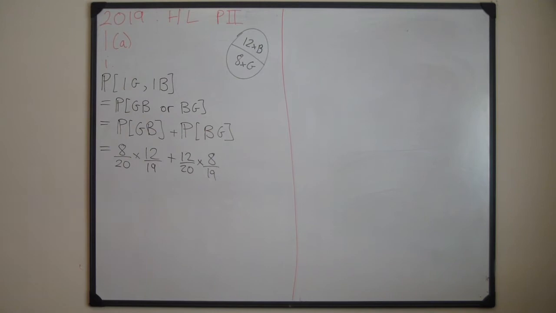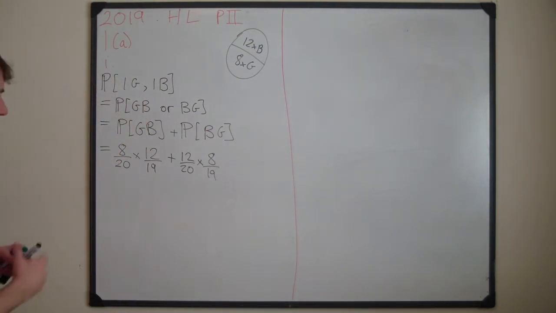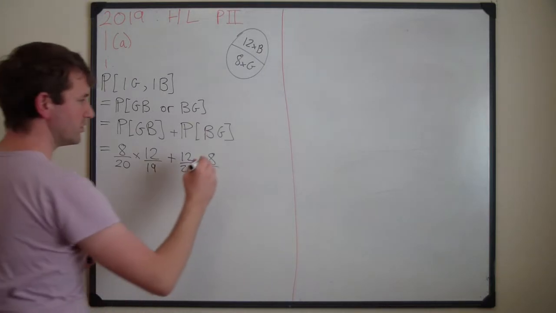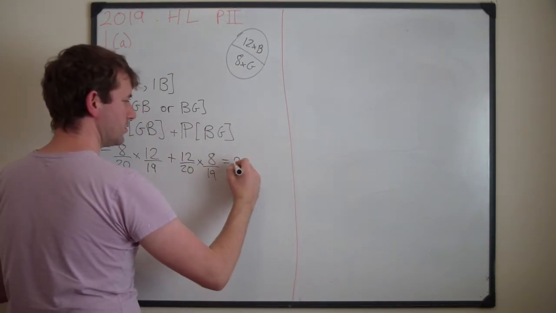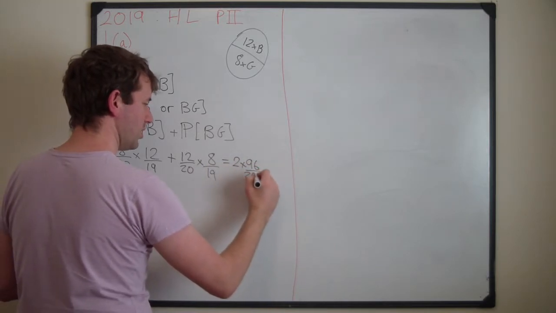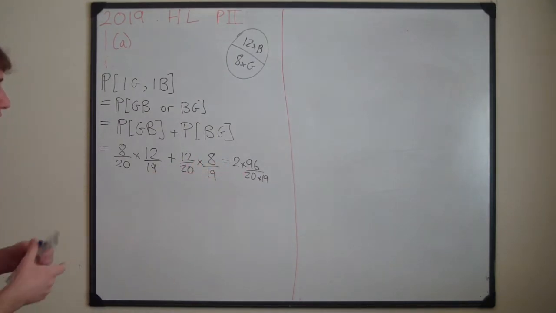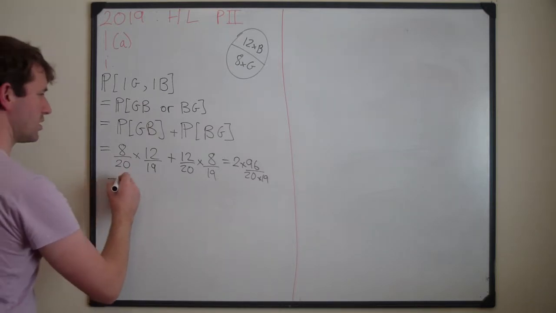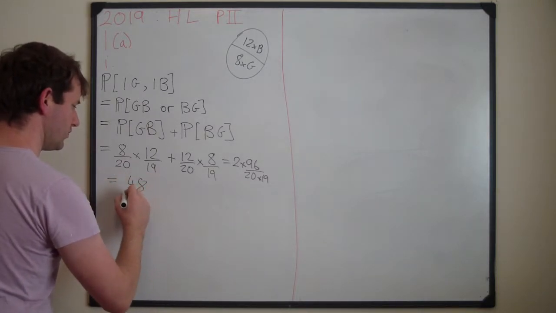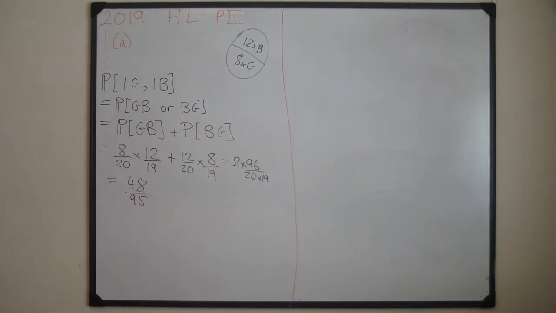And so this looks like 96 over this plus 96 over this. So it's 2 by 96 over 20 by 19, and 2 divided by 20 is a tenth, and then I could also divide above and below by 2, I get 48 over 5 by 19, which is 95, and I'm fairly sure they don't have any more factors.